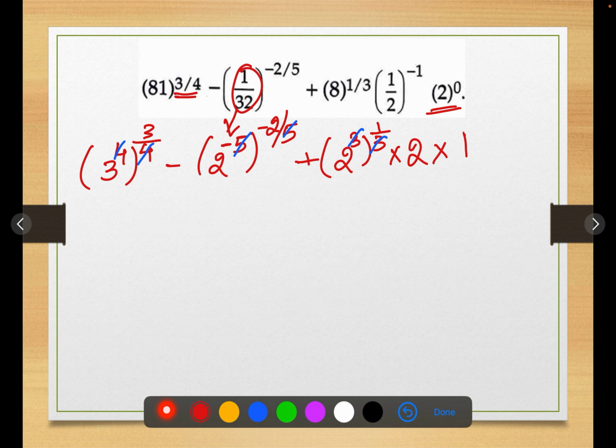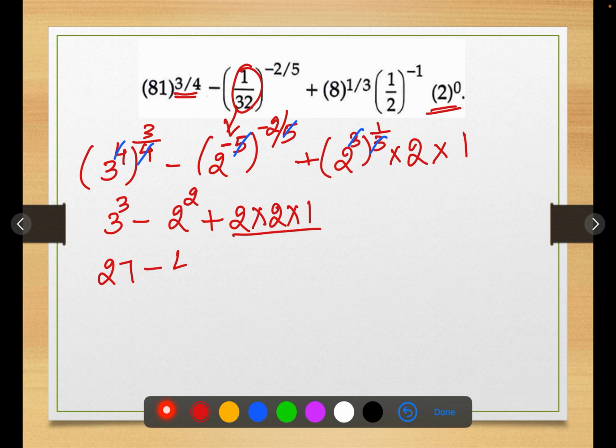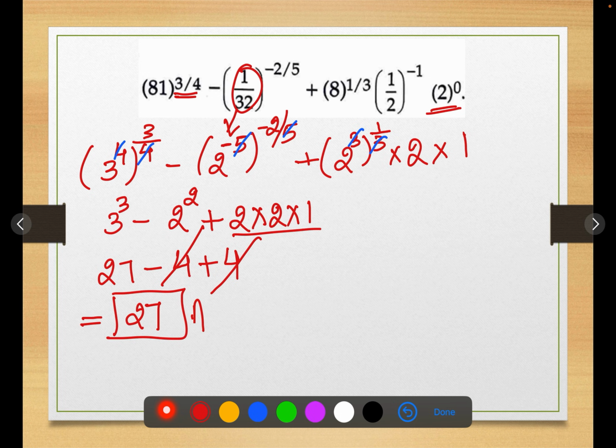So what is left now? 3 to the power 3 minus 2 to the power minus of minus 2 means 2 plus 2 into 2 into 1. So this will go once. 27 minus 4 plus 4. I can reduce plus 4 minus 4 and I am left only with 27 as my answer. So a long question turns simpler.